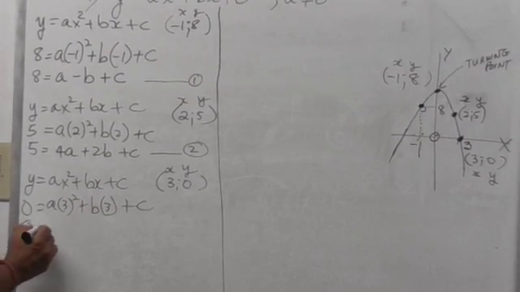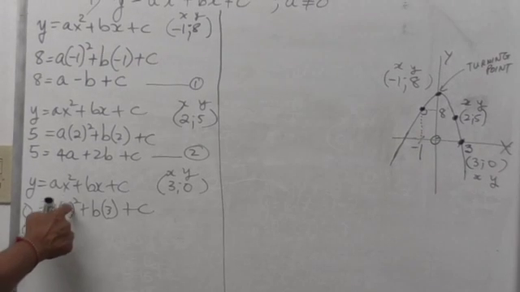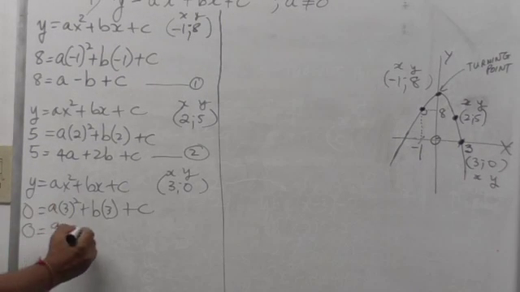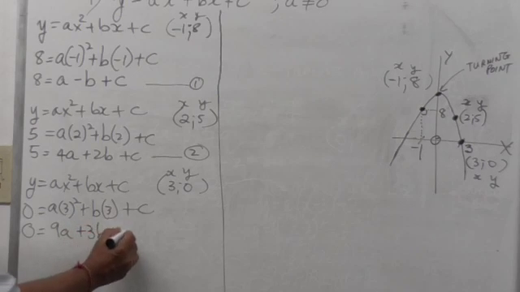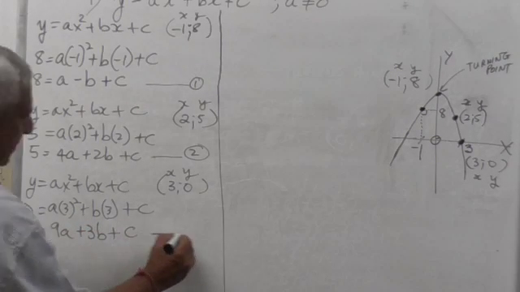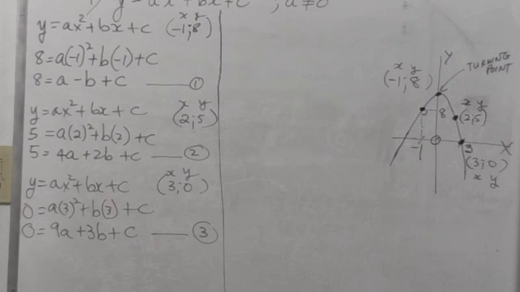That will give you 0 is equal to 9a, since 3 squared is 9 and 9 times a is 9a, plus 3b plus c. That gives you your third equation. Now you have 3 equations, equation 1, equation 2, equation 3, and you're going to use these 3 equations to solve for a, b, and c.